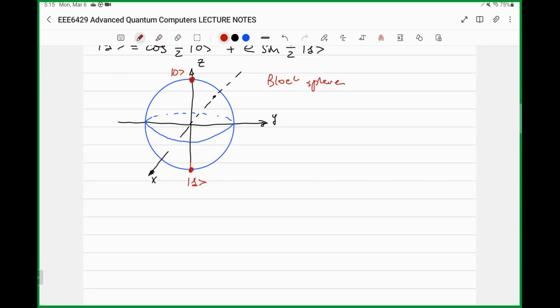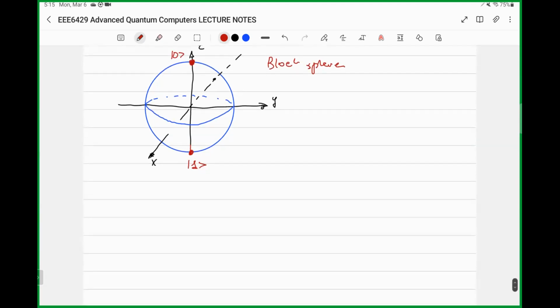So this angle theta is twice as large compared to the angles in the Hilbert space, or smaller, anyway. Then this state plus, which is this one.